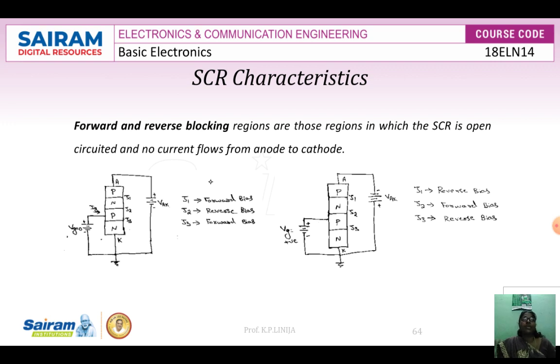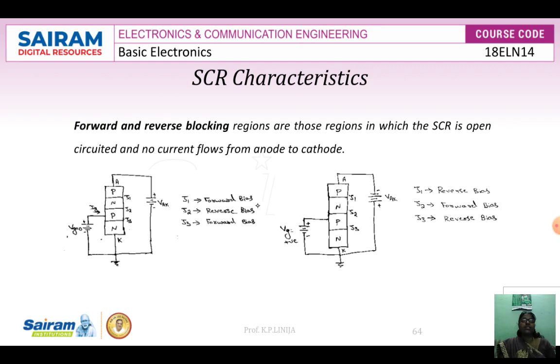When positive voltage is connected to the anode, negative voltage is connected to the cathode, and zero voltage is applied to the gate, then junctions J1 and J3 will be forward biased and junction J2 will be reverse biased. Hence a small reverse current will flow, and we call this the forward blocking region.